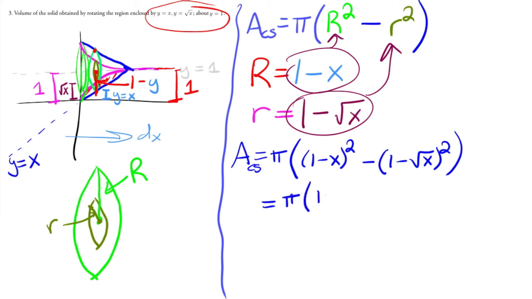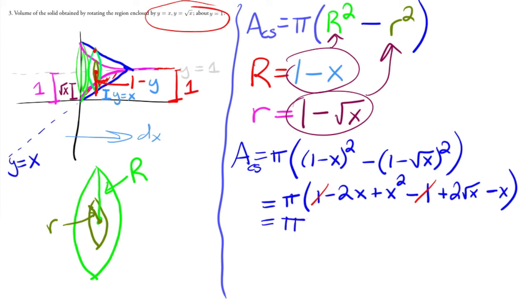So this is going to be 1 minus 2x plus x squared, minus 1 plus 2 root x minus x. Okay, and so then this is equal to pi times minus 2x minus x, that's minus 3x, plus x squared, and then plus 2 root x.